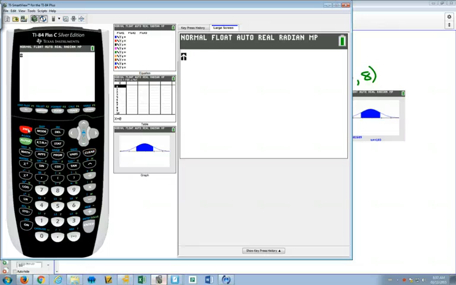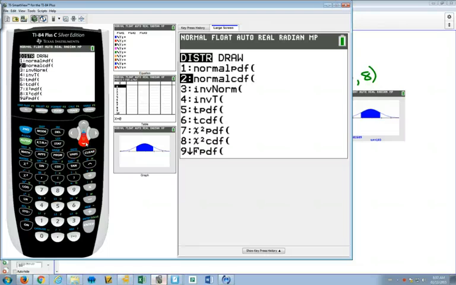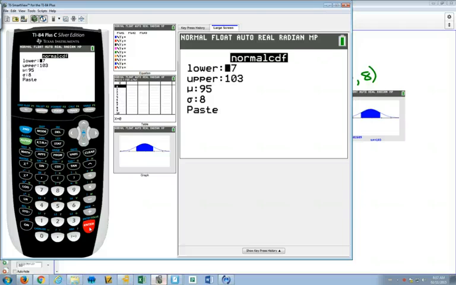So second distribution, normal CDF. Now, do you remember when we had this the last time? Do you remember seeing that it had this in there?